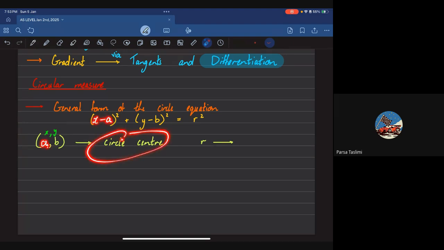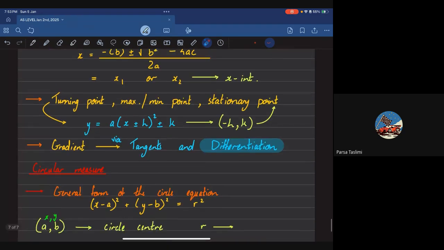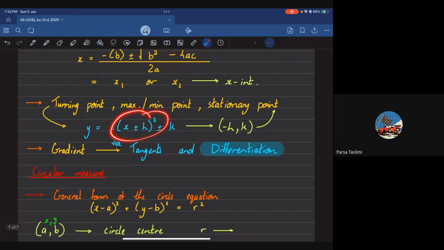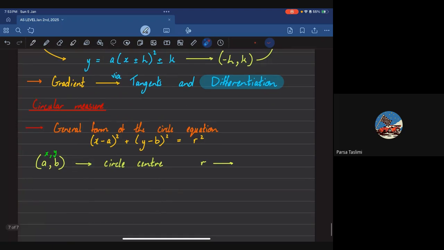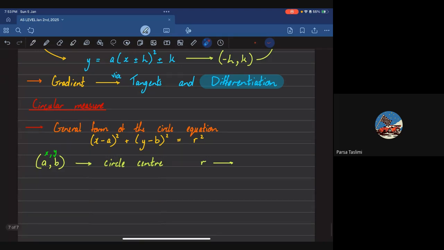Just as I told you before, guys, whenever you go inside the bracket and it's being whole squared, you have an opposite effect outside. So for x minus a and y minus b, the coordinates of the circle center are going to be positive a and positive b, even though it's clearly stated in the circle equation that it's minus.